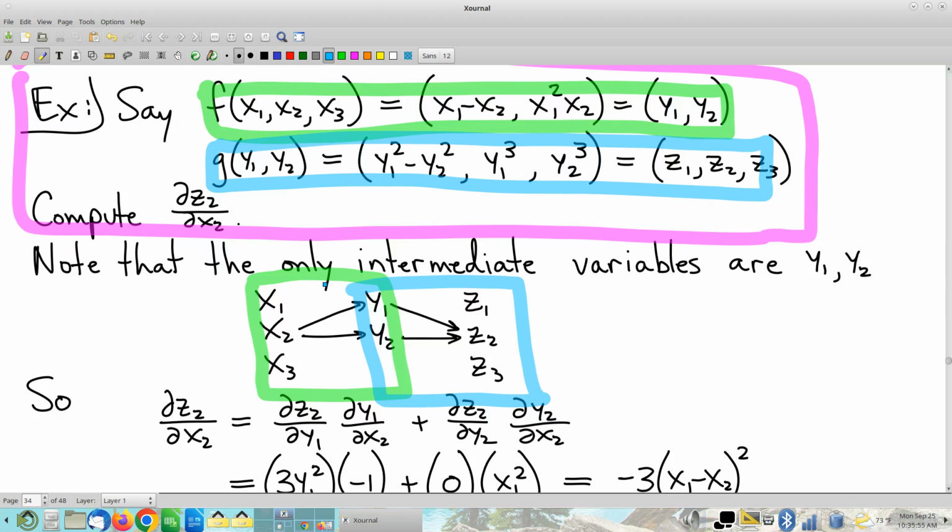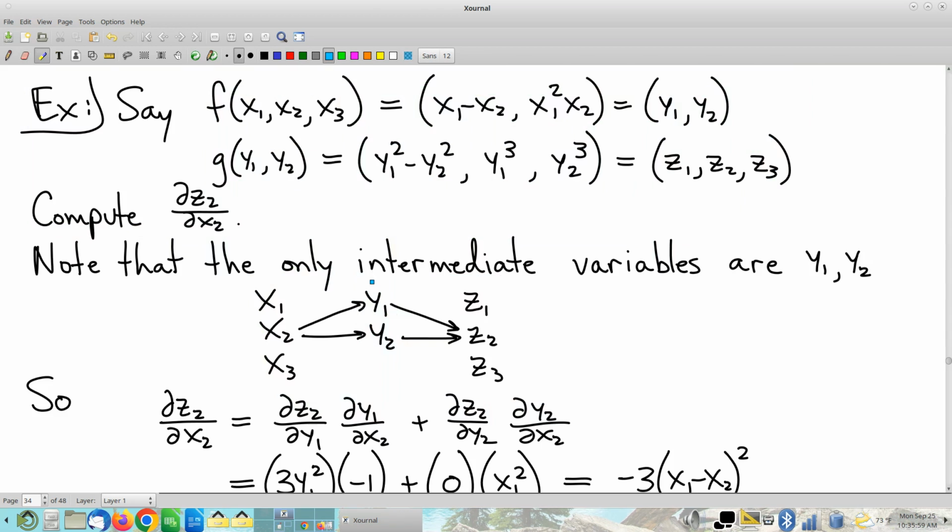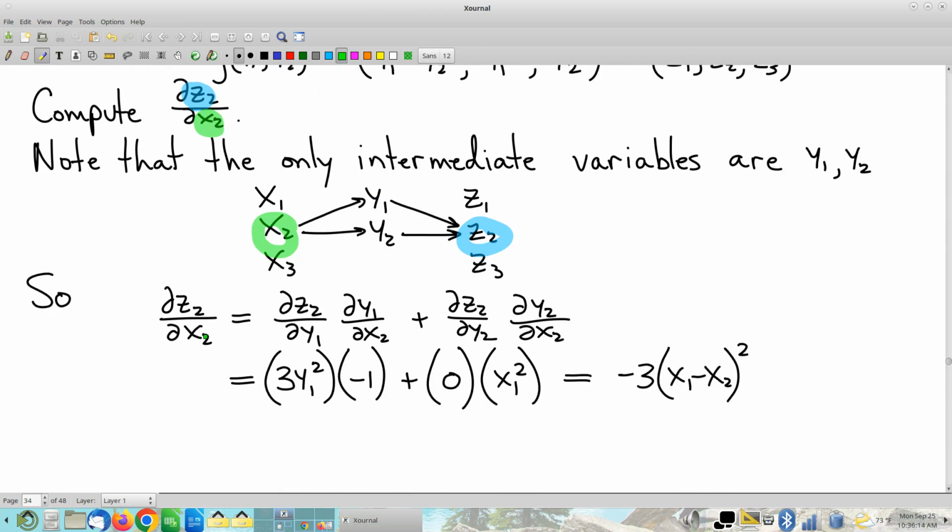Okay. Now, having done that, let me point out we're interested in the partial derivative of z2, which is there, with respect to x2, which is there. And now we're ready to start playing intermediate variables games. So looking at this diagram, what are all of the paths from x2 to z2?